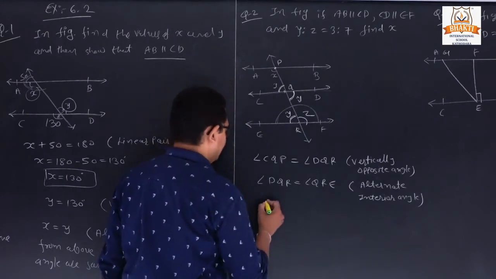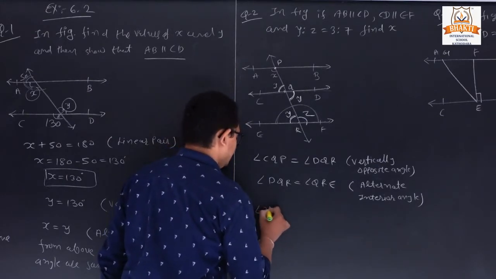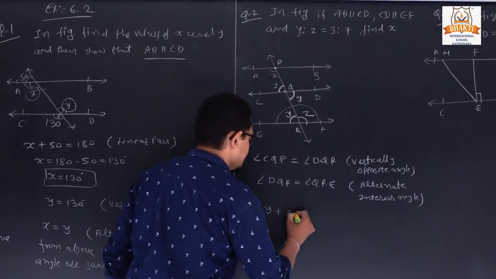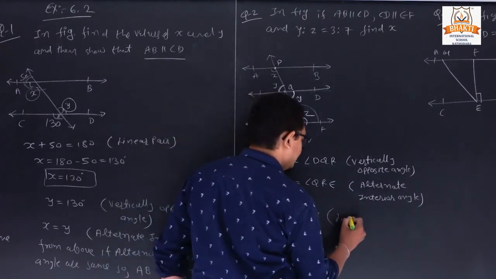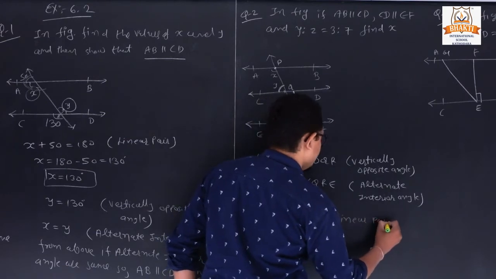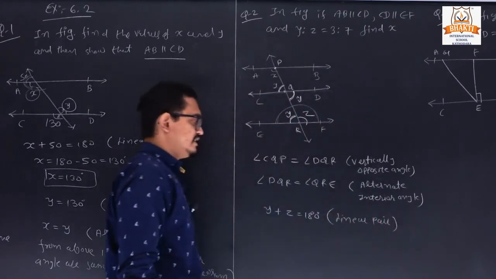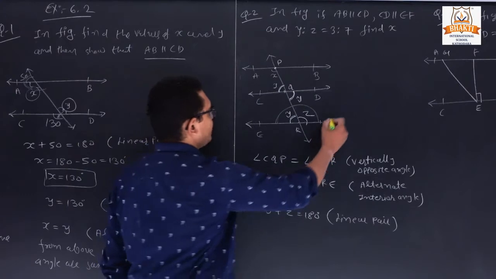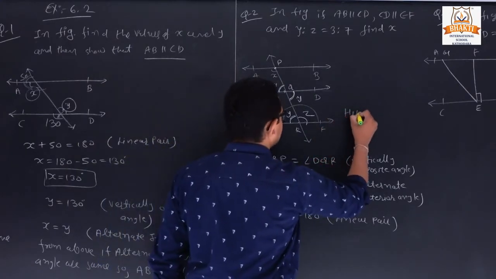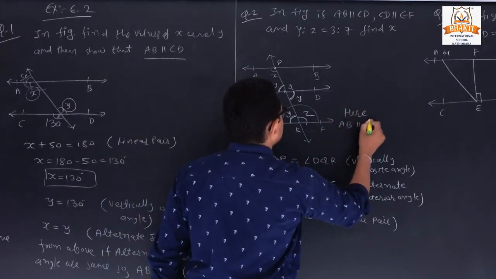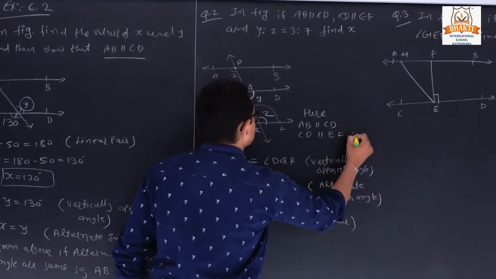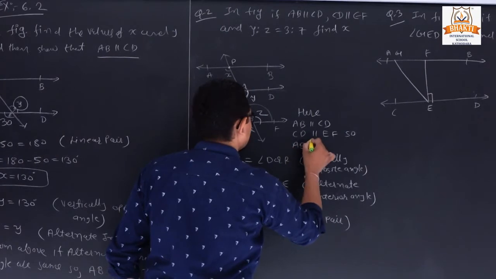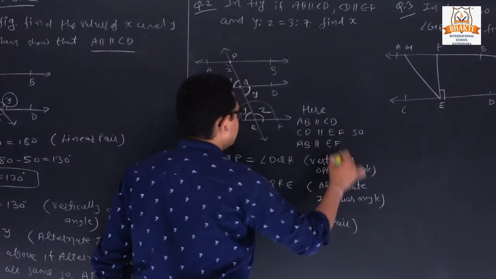So I am writing y plus z is equal to 180 degree. In bracket we can write linear pair. Here it is a linear pair, and first of all we can also write here AB is parallel to CD and CD is parallel to EF. So AB is also parallel with EF.